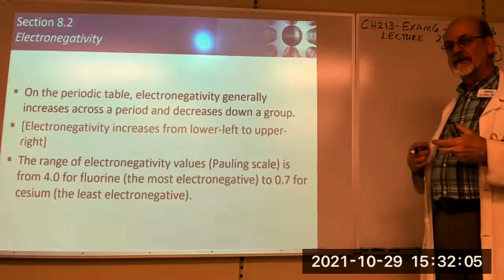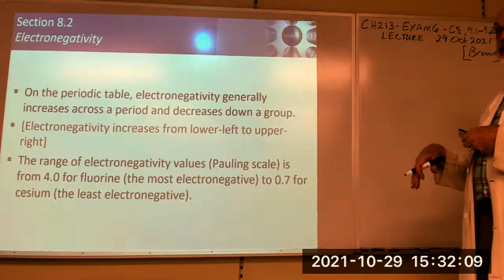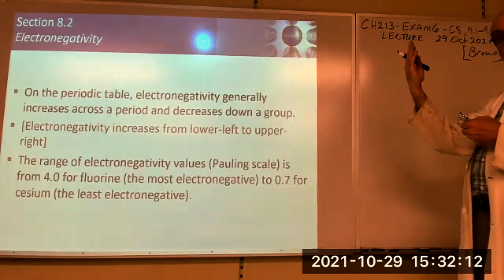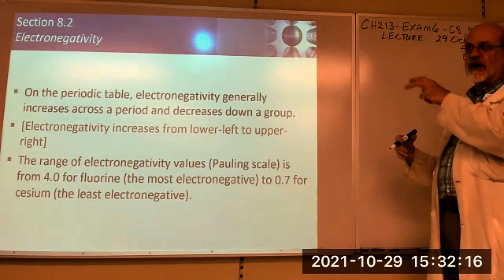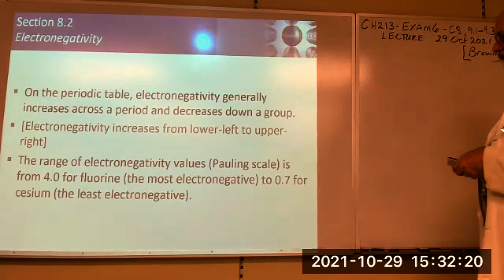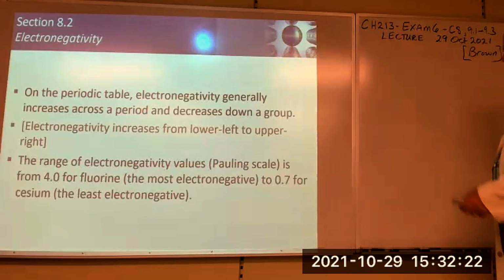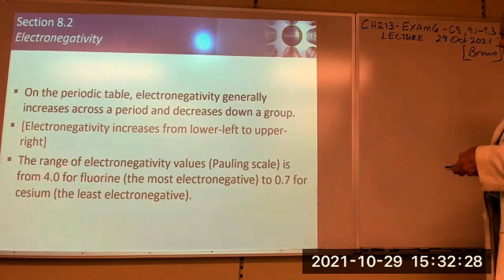So that's why going down a group you decrease, and going up a group you increase electronegativity. That's why I said from lower left to upper right, you increase electronegativity. In Pauling's system, it runs from 0.7 for cesium up to 4 for fluorine.